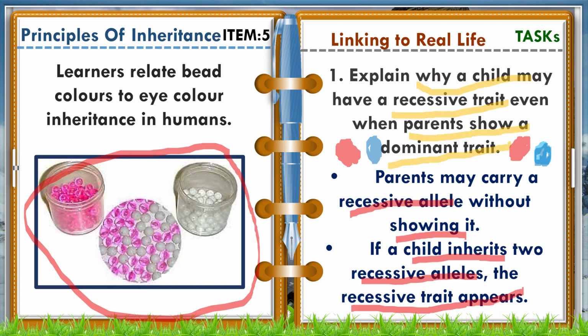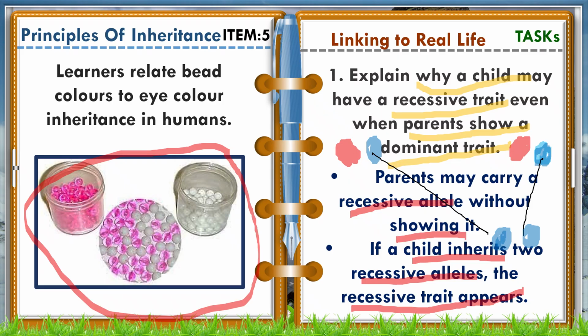But if this gene here is given to the offspring, and the mother also gives the same gene, then the child is going to have two blue alleles.